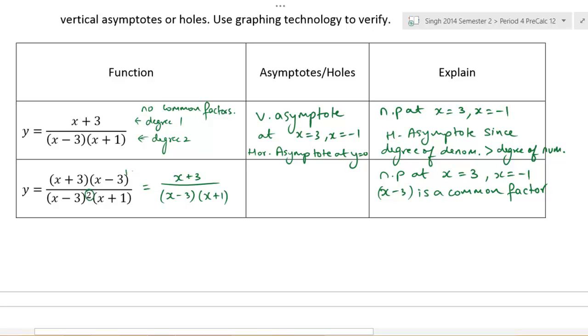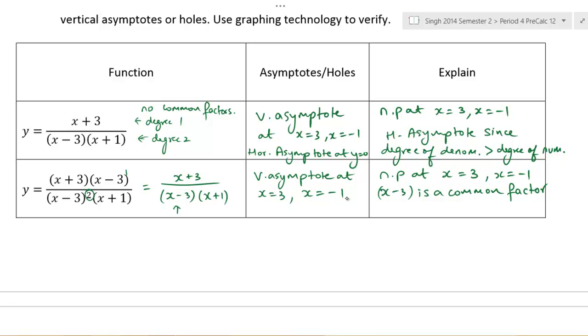As a result, even when you cross them off, x minus 3 is going to remain at the bottom, which means you're going to have a vertical asymptote. So as a result, we're going to have a vertical asymptote at x equals 3, and x equals -1 is also going to have a vertical asymptote. Right? So as a result, we're going to get two vertical asymptotes, x equals 3 and x equals -1, even though we had a common factor this time.